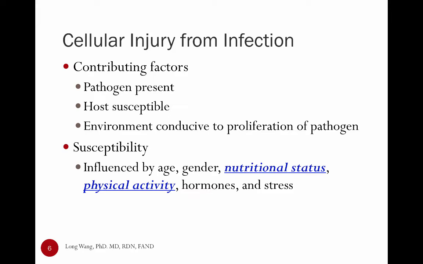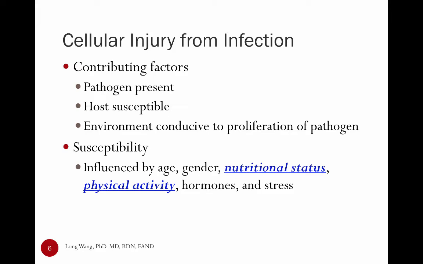But there are also factors that are modifiable, for example, nutritional status and physical activity. Right? People who are well nourished, who are physically active, statistically they are less likely to contract infectious disease than those who are not.